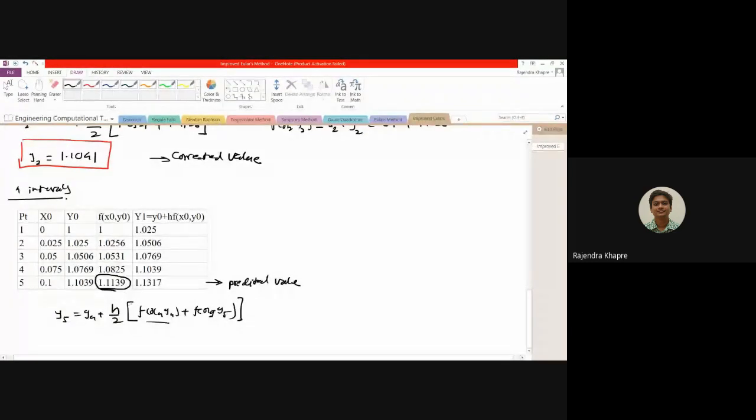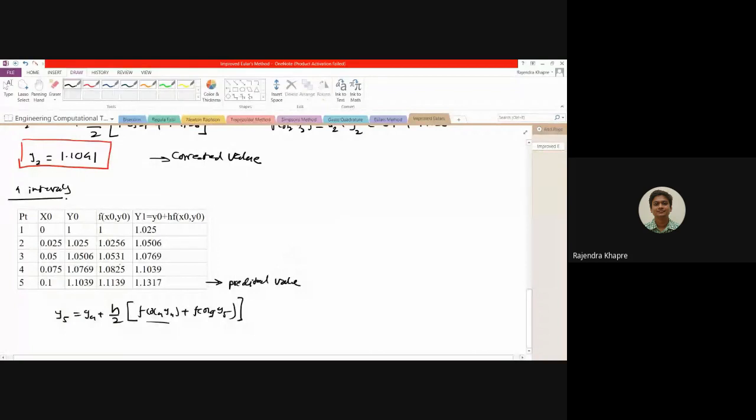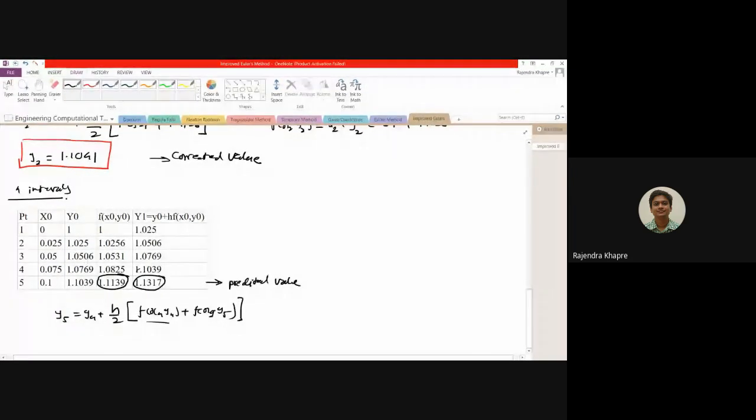Then you have to calculate this value. We have to take this value and calculate the next one.